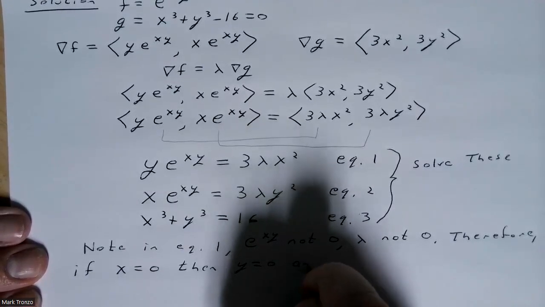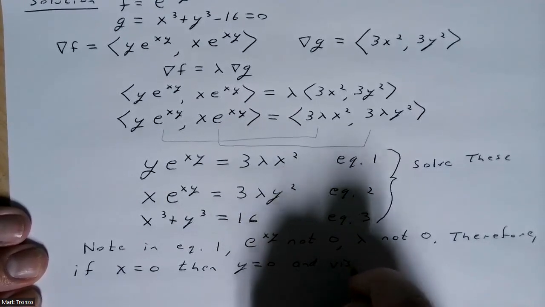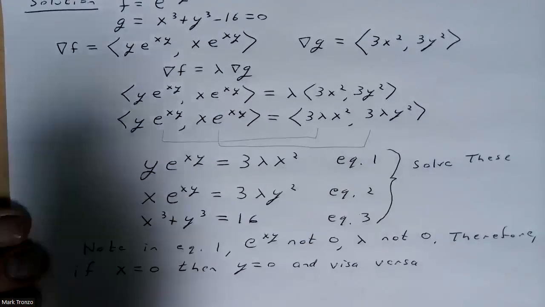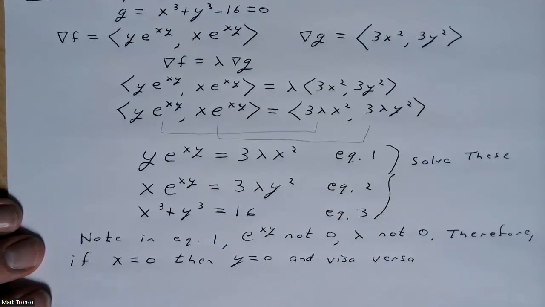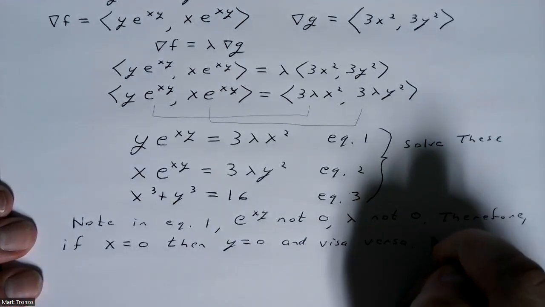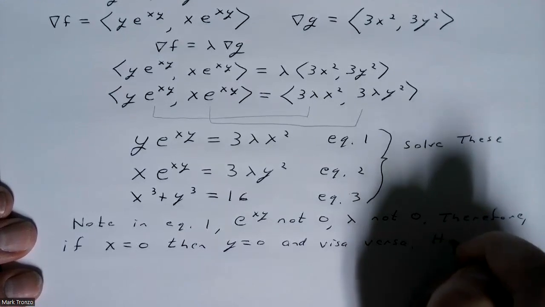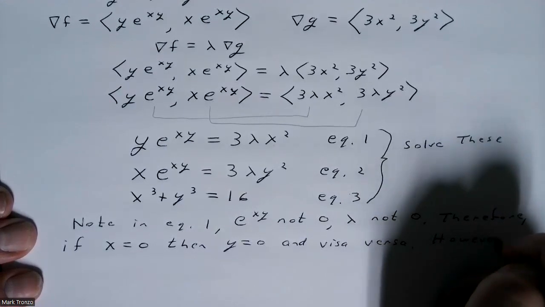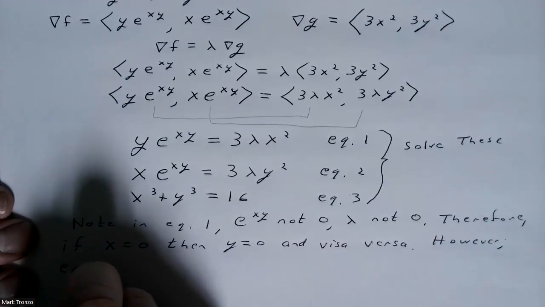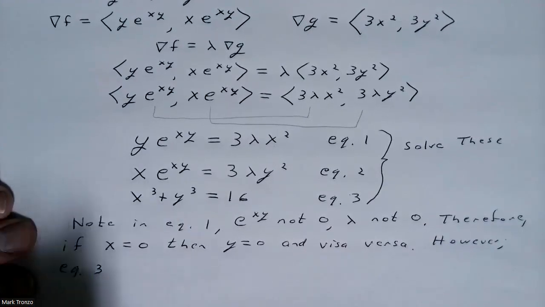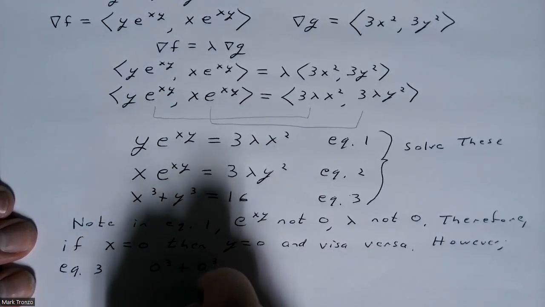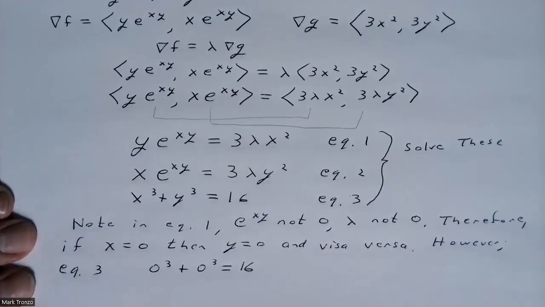So if we did have that case, that would be true, but from equation 3, if we put zeros in here, we would get 0 cubed plus 0 cubed equals 16.